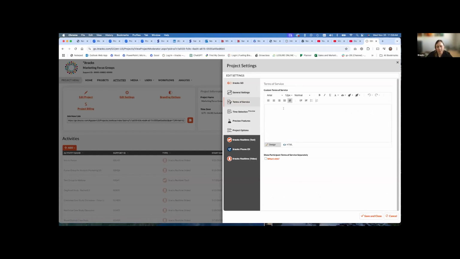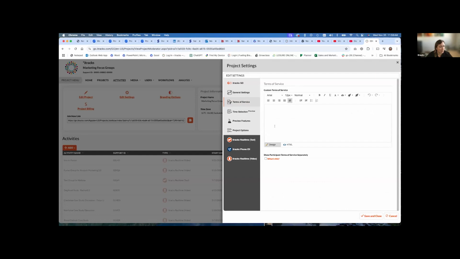So if I want, I can paste basically any consent form that I want people to have to read through and check off into this window here and have it totally customized. If you don't customize it, it's going to be your general iTracks privacy policy and terms of service. But if you want a custom consent form, you can put that in here.